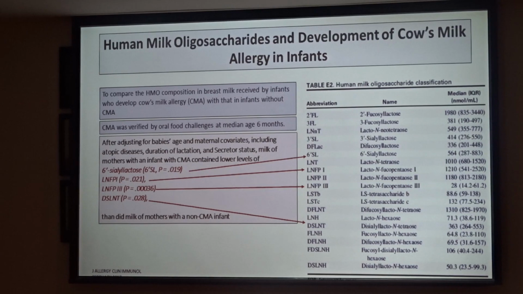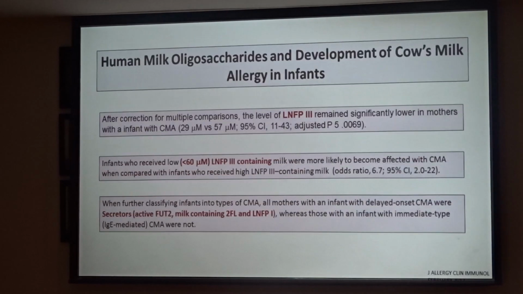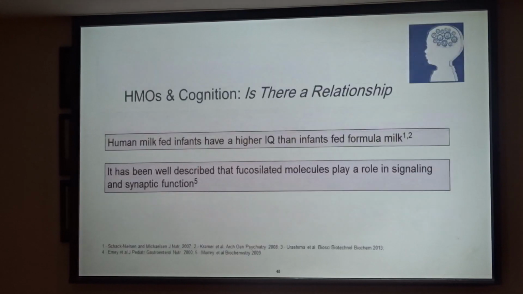They found that those with cow's milk allergy had a low profile of 4 types of human milk oligosaccharide. Those with late onset of cow's milk allergy had mothers who are secretors of 2-fucosyllactose, and those with early cow's milk protein allergy had mothers who are non-secretors of 2-fucosyllactose.